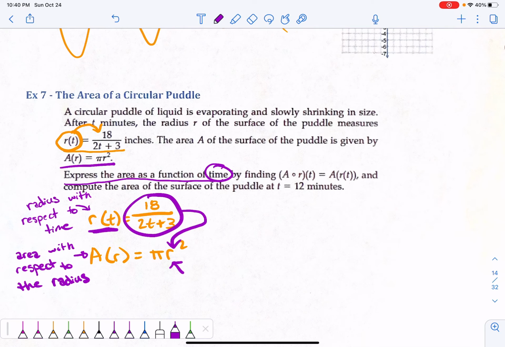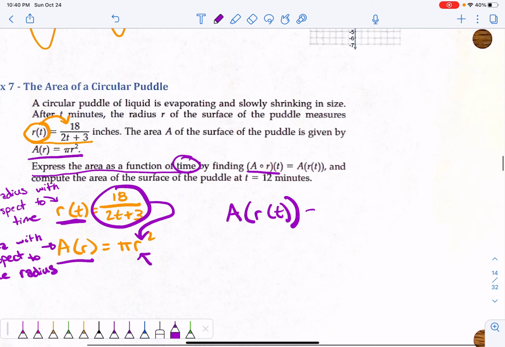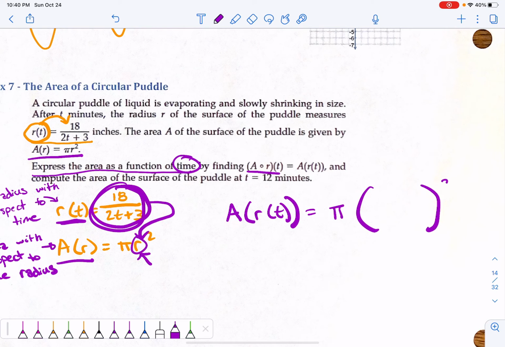It's like doing a composite function, right? So we're going to do A composed of r of t, or I like to use the parentheses, A of r of t. We're taking the r of t, this equation, and shoving it into this spot, okay? So we've got pi times the radius squared, but I'm going to put 18 over 2t plus 3.